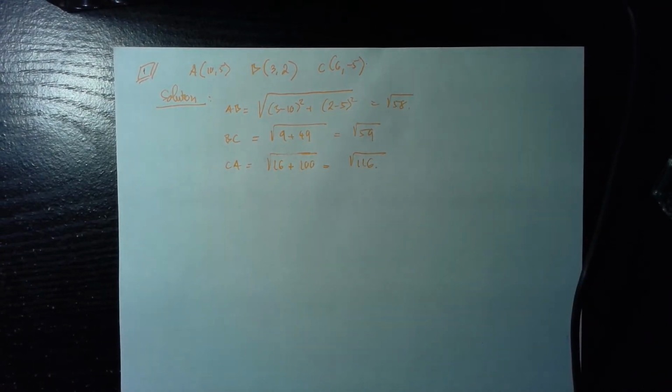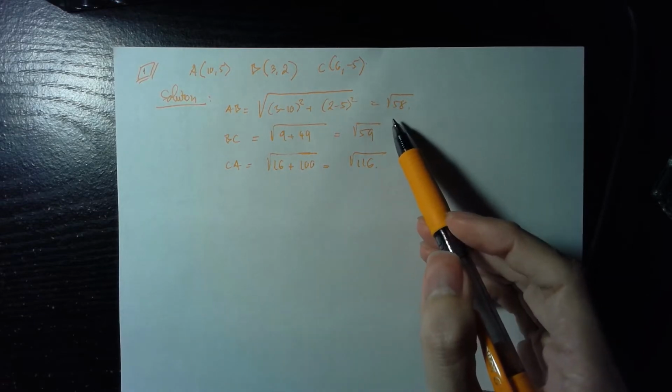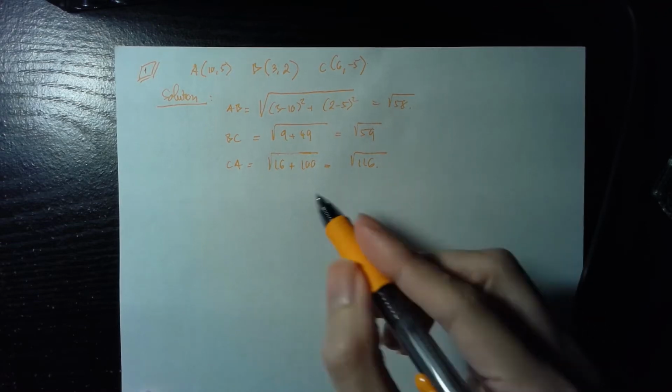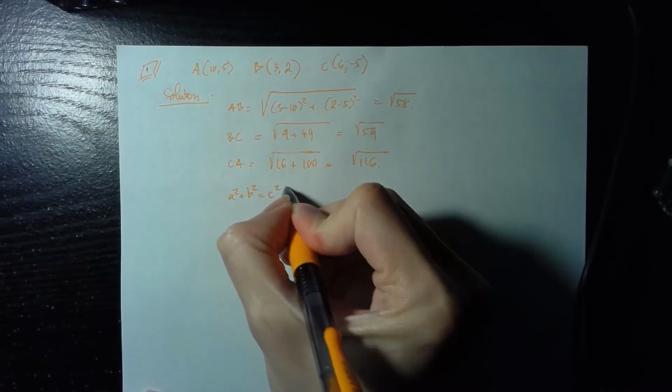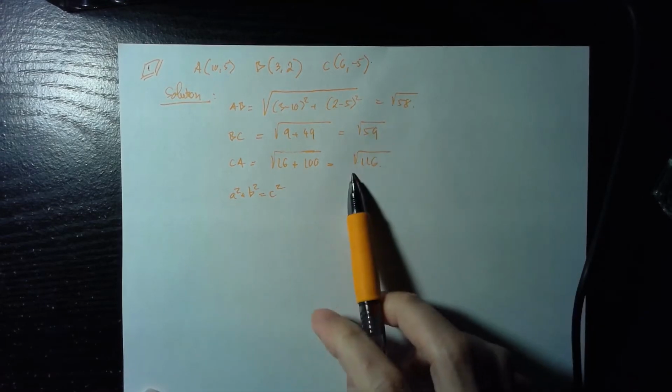If it is a right triangle, then it satisfies the Pythagorean theorem, a squared plus b squared equals c squared. Let's see if it satisfies with these 3 numbers.